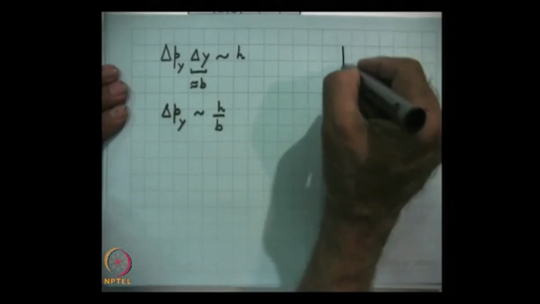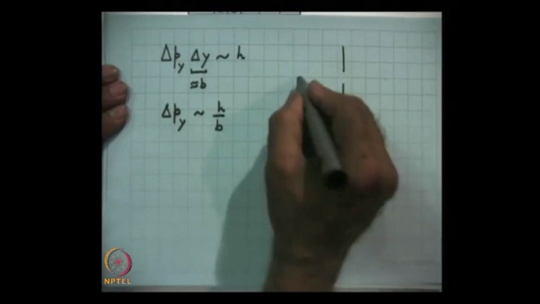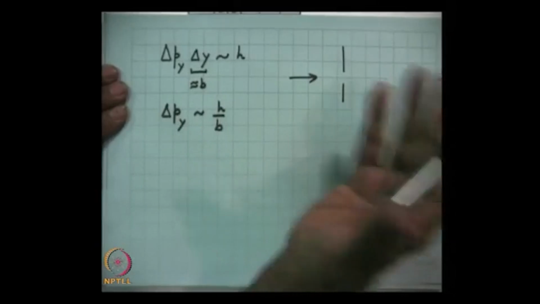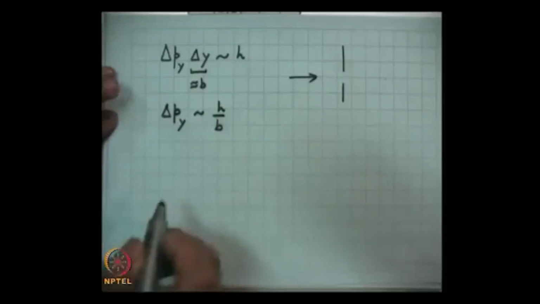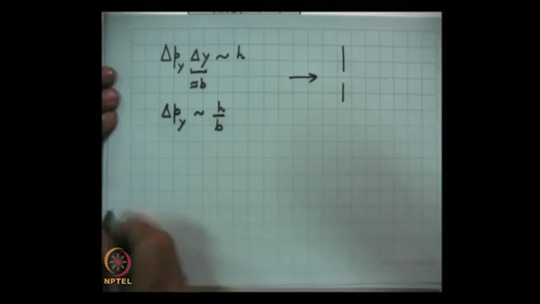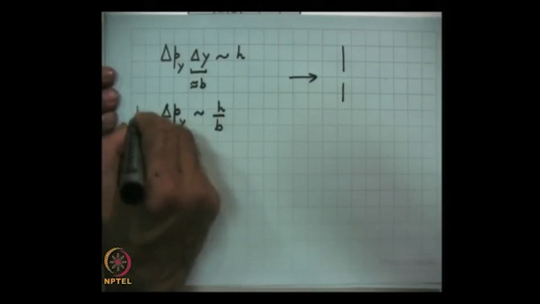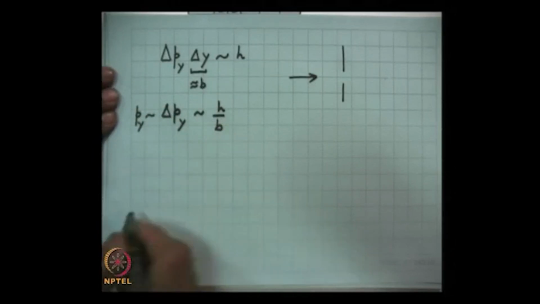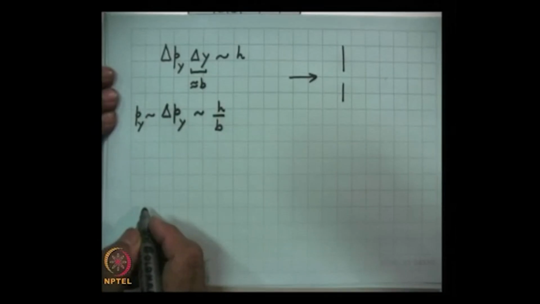Now, before it entered the slit, the electron was coming in this direction, so the y component of the momentum was 0. And so this slit imparts a momentum in the y direction. Since the average momentum in the y direction was 0, p y is of the order of delta p y, so this is of the order of h by b from the uncertainty relation.